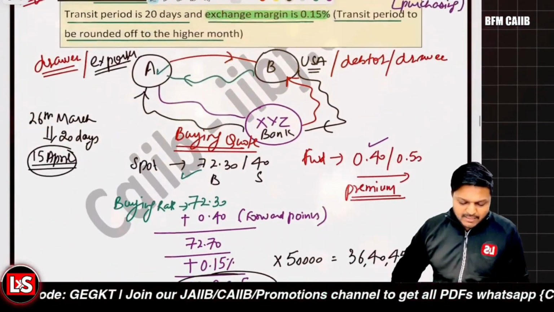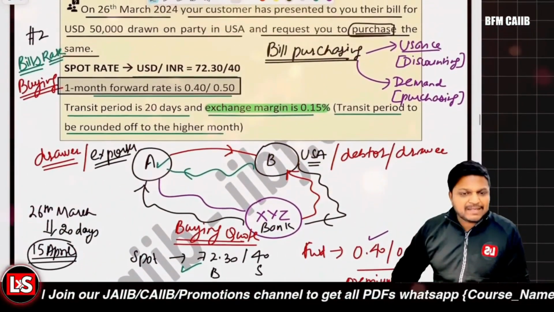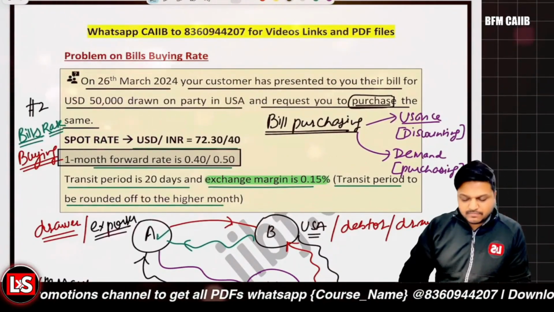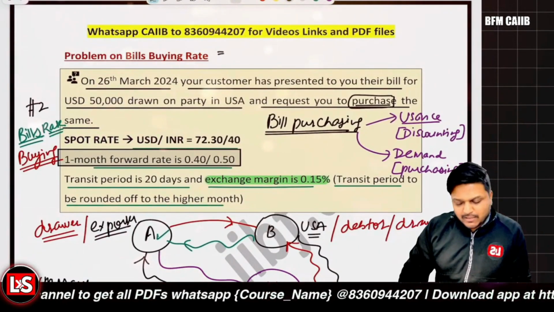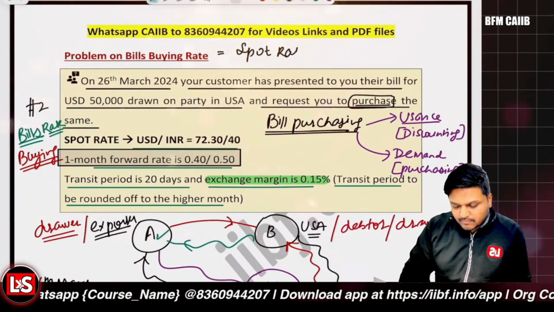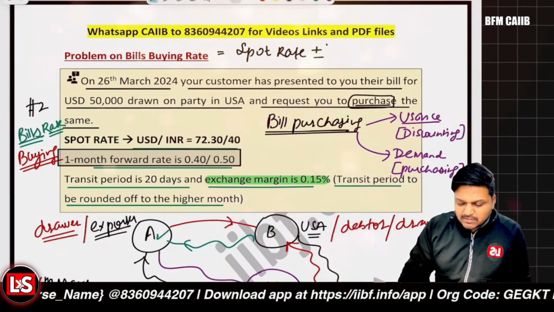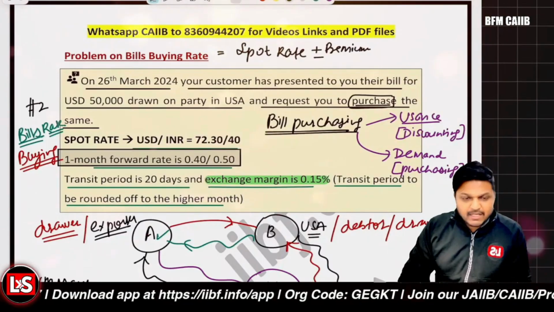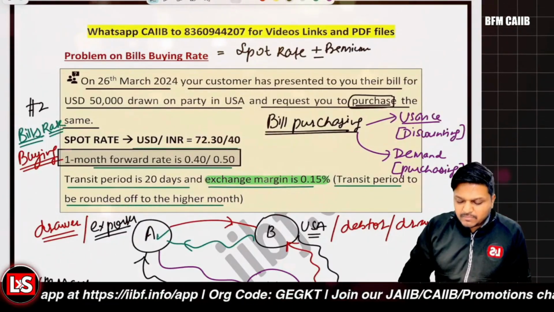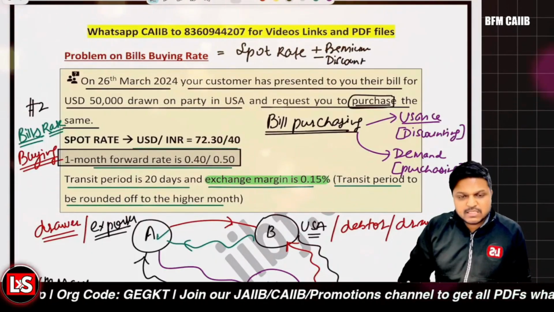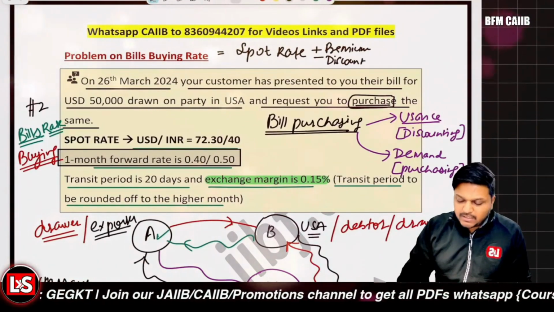So this was a clear case related to the bills buying rate. So what formula would be there related to the bills buying rate? Very much easier to calculate. Spot rate plus or minus the forward points: these are to be added up if the currency is available at premium, or discounted if the currency is available at discount, right?